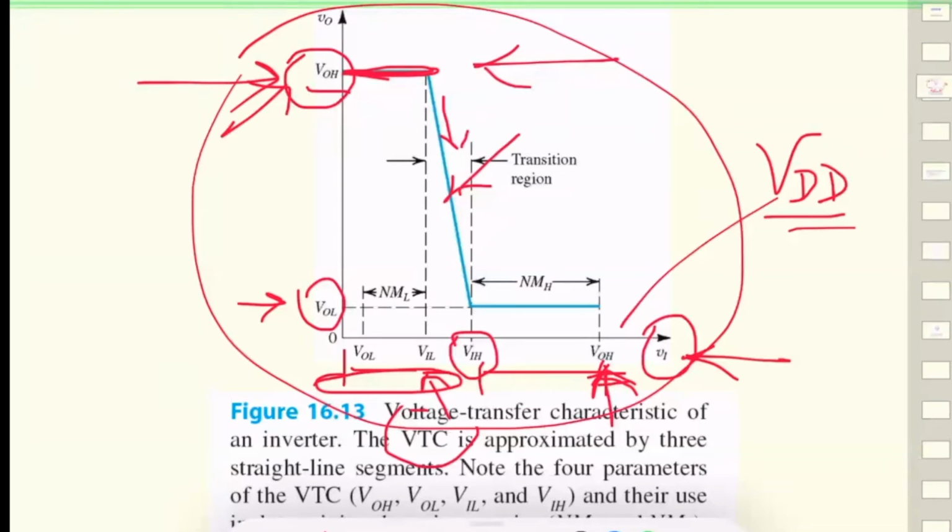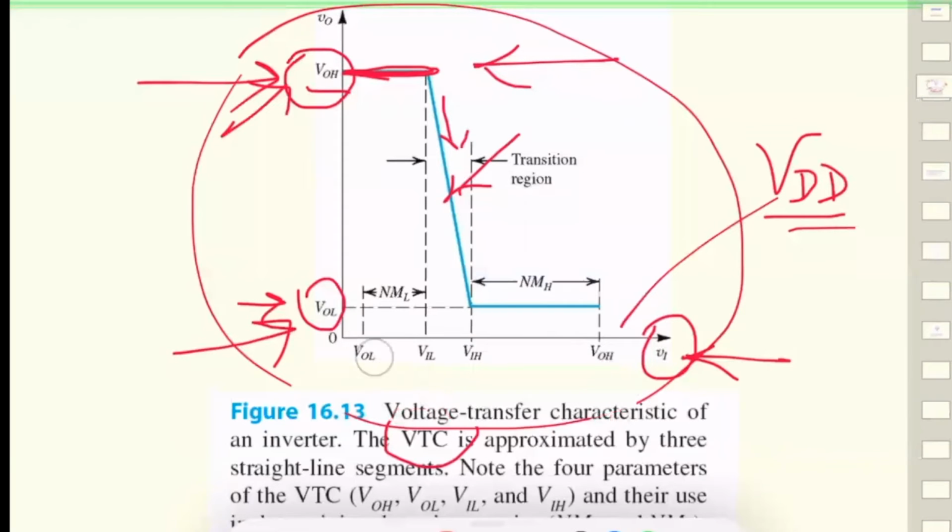All right, so in the case of low output, we have a range of the input voltage. Again, let me clean this to emphasize, between this region that would give us a low output.